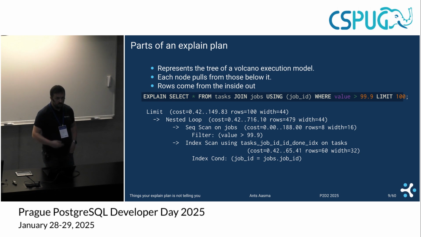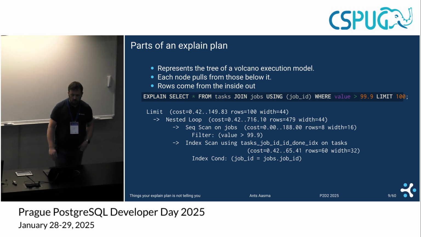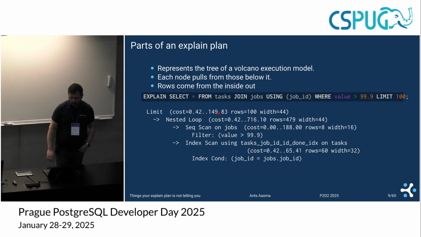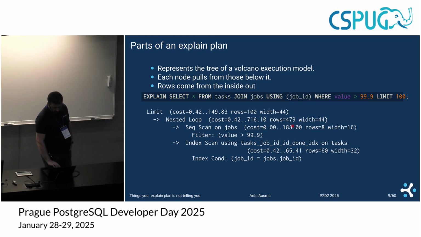But because this is based on statistics, we all know what they say about statistics, so it might be completely wrong also. And the value is inclusive, and we can see that usually it's bigger than the one before it, and the exception is the limit here, which is not going to read everything below it. And we also have the number of rows that we are planning to get out of it.